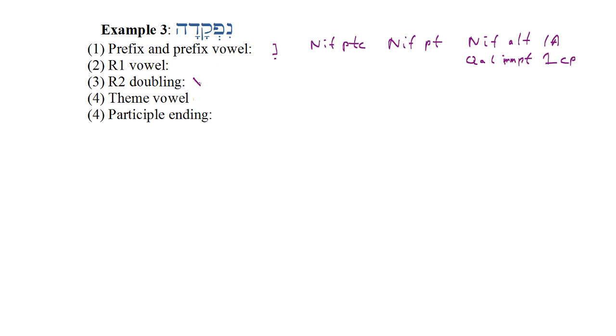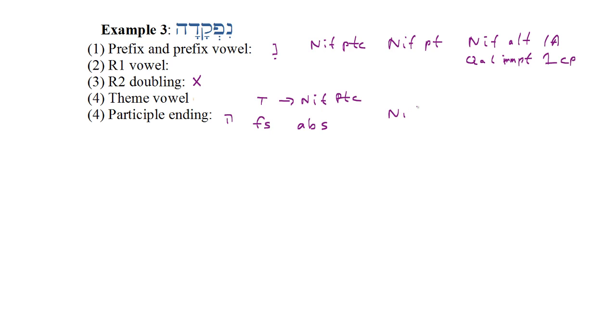R2 doubling is not a factor. We need to look at the theme vowel here, potential Niphal participle, and we see that it is a qamets, and that tells us that we have a Niphal participle. And so we then look at the participle ending. We have a heh, which is a feminine singular absolute.